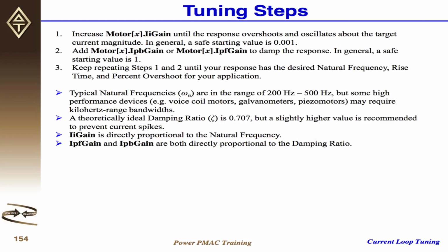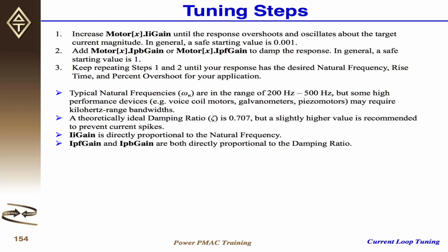So the steps for tuning the current loop are to first increase II gain until you overshoot and oscillate around the current loop target, and you want to add a little bit of damping in your proportional gain. So safe starting values for these are 0.001 in II gain, and then 1 in either IPF gain or IPB gain.